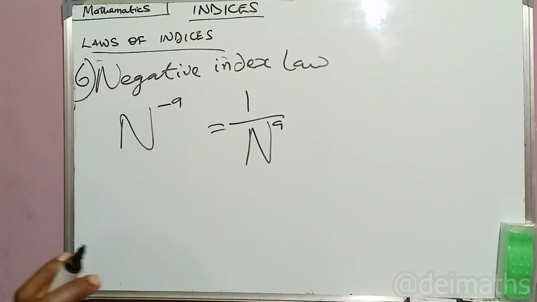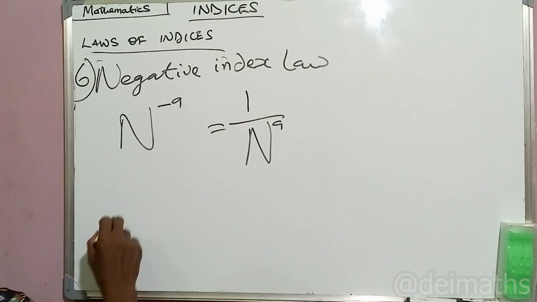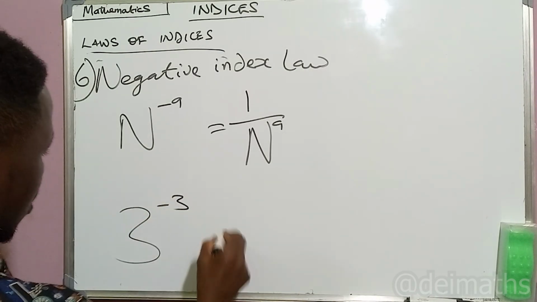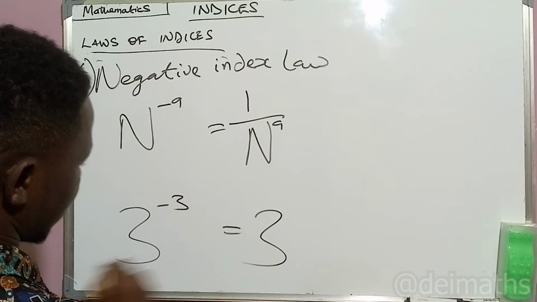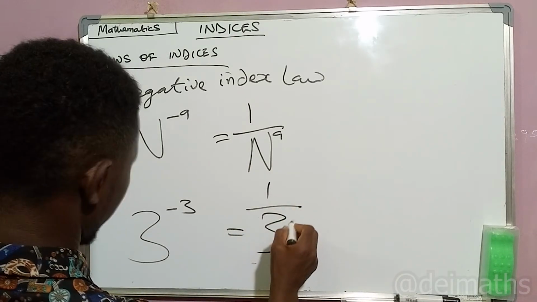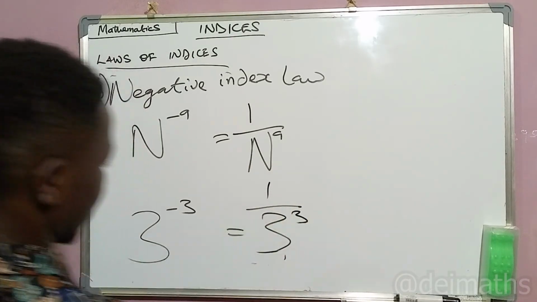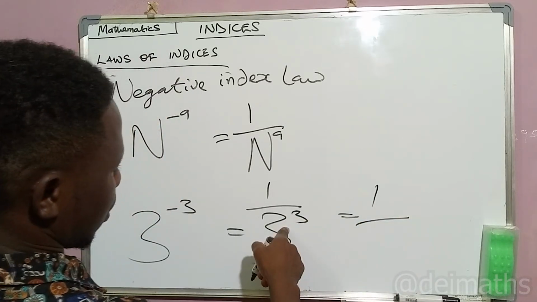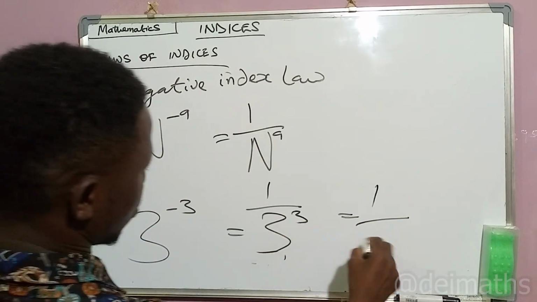As simple as that. So if we have something like 3 raised to power minus 3, what we will have is 1 over 3 raised to power 3, which is equals to 1 over 3 times 3 times 3, which is 27.